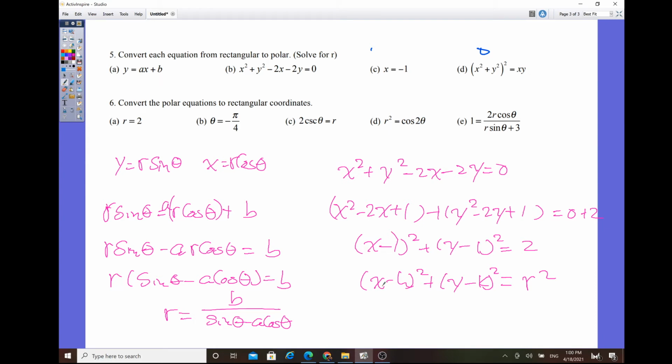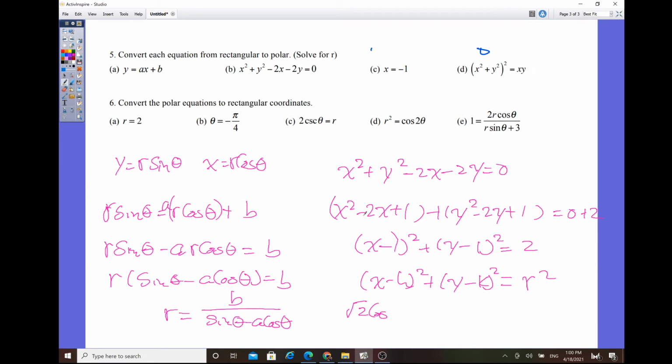So x here, simply use that, the r's. Okay, so we got root 2 cosine of theta. Well, this one can complete the square, so that would be a conic section. But the center is right at 1 and 1, okay?